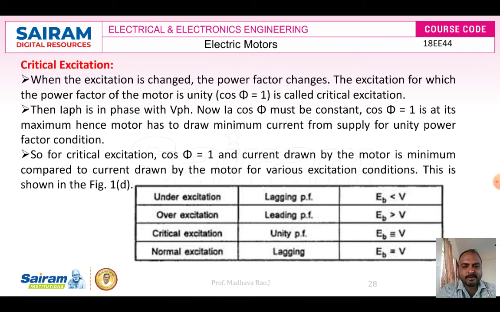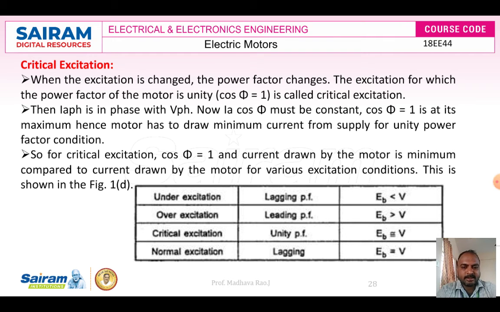The motor draws minimum current from the supply for unity power factor condition. So, when the power factor is equal to 1, that is the highest power factor, current drawn from the supply will be minimum.